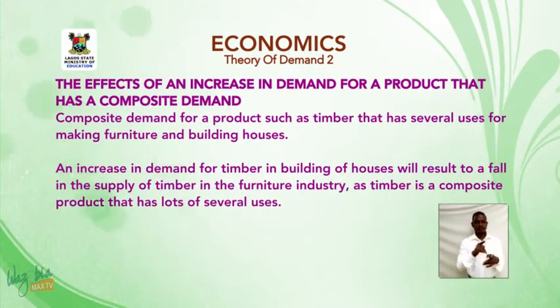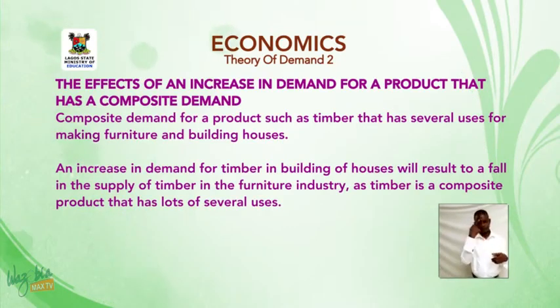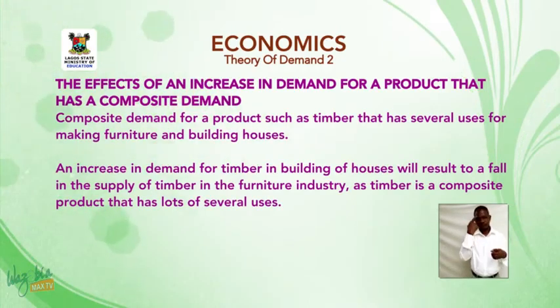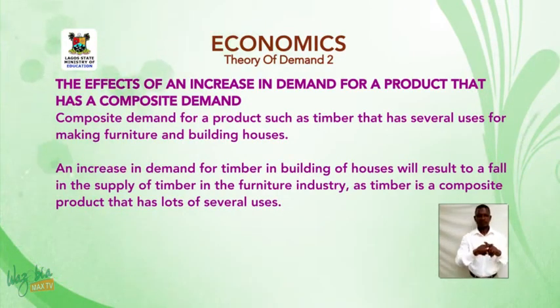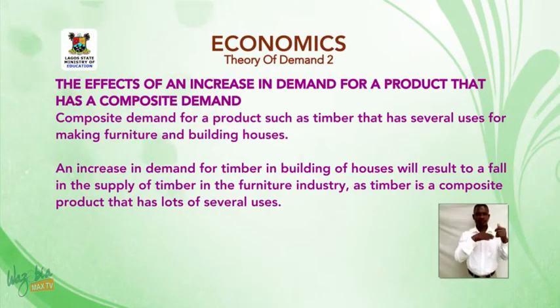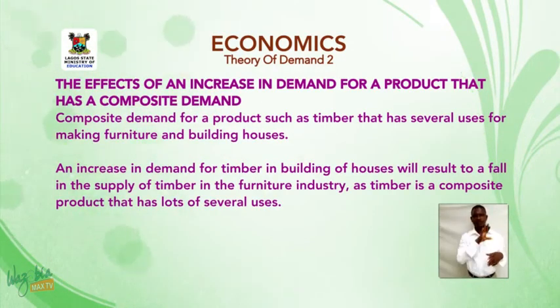The effects of an increase in demand for a product that has a composite demand. Composite demand for a product such as timber that has several uses, for making furniture and building houses.